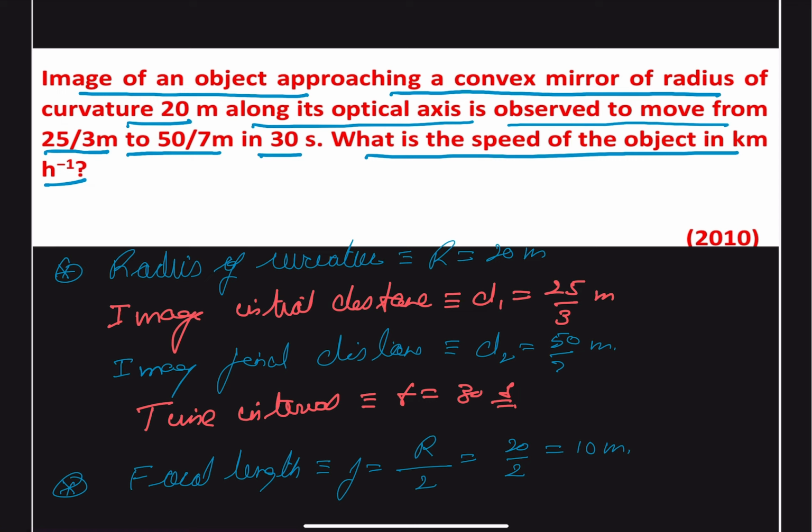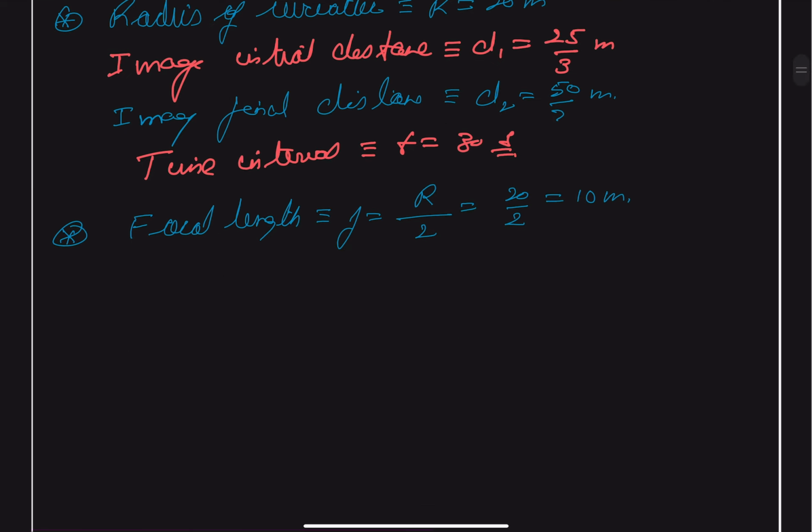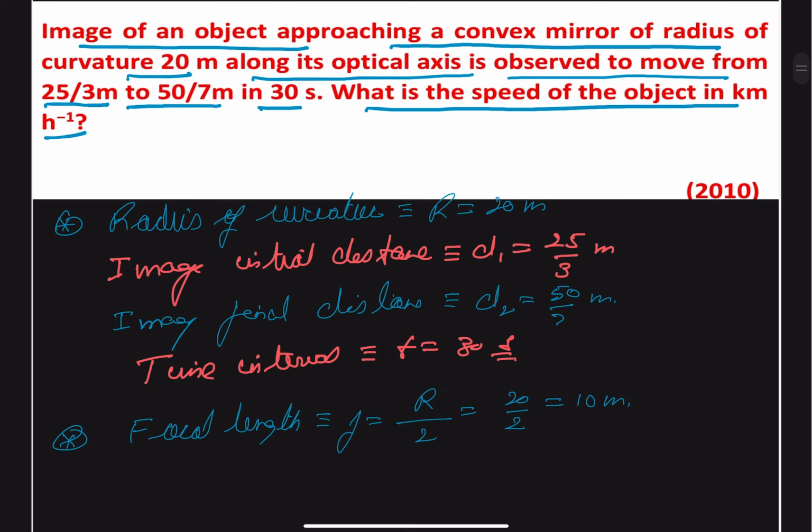Okay, it looks good. And yes, so we can say that initial distance is, let us suppose d1, let us call that v1.